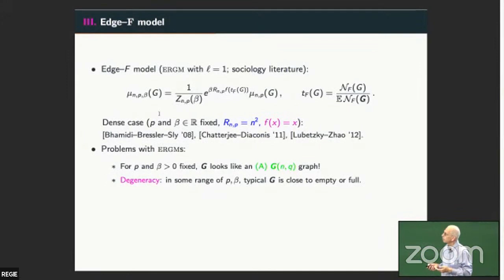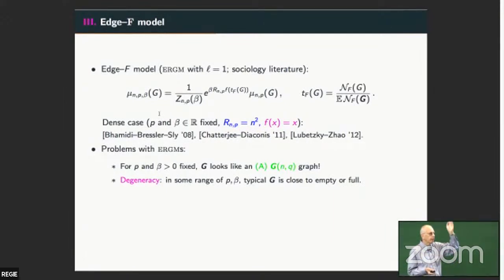The second problem they discovered is that there is also a degeneracy. It has to do with the way that this number grows. This is a polynomial of a certain degree. It grows too fast compared to the rate of decay of the probabilities, and as a result, in a certain range of p and beta, not only do you get an Erdos-Renyi, but you actually get the q to be either 1 or 0 in a whole range of p's and betas.